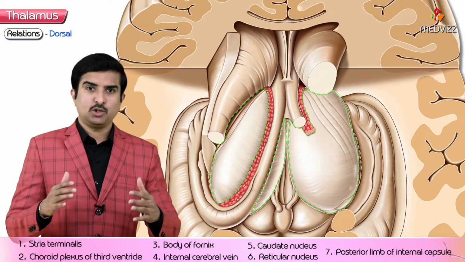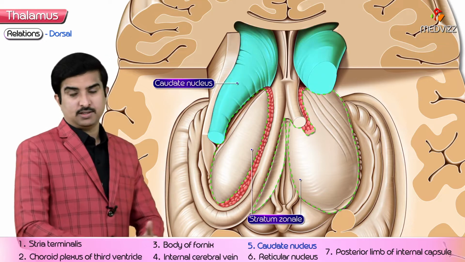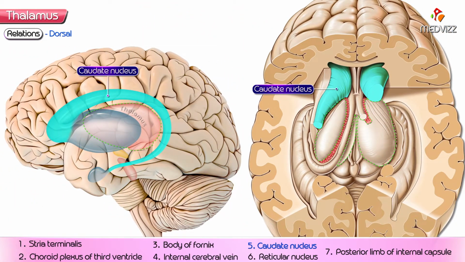And superficial to the stratum zonale of the thalamus is the caudate nucleus. So we can see the head of the caudate nucleus here. The head of the caudate nucleus lies anterosuperiorly to the thalamus, with the body travelling superiorly and laterally to the body of the thalamus.